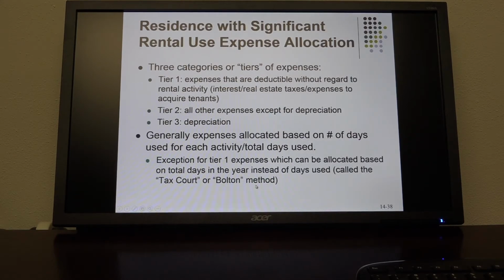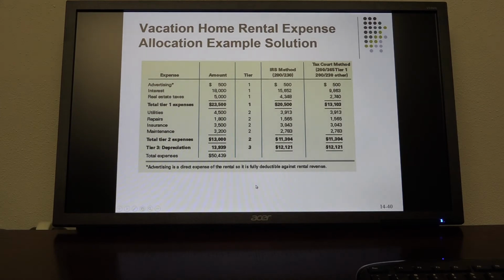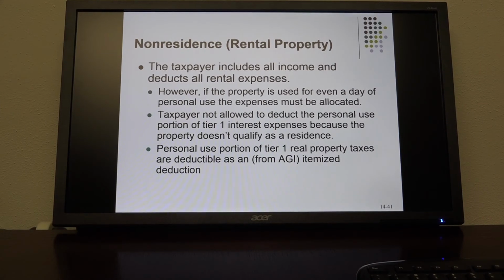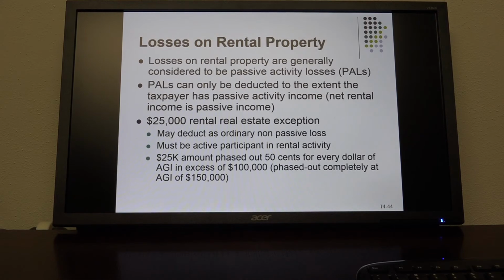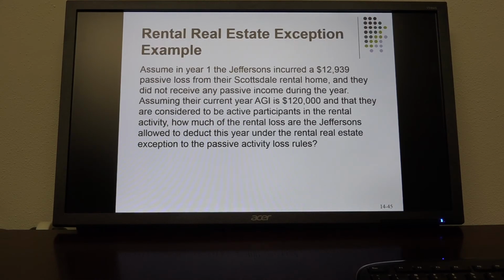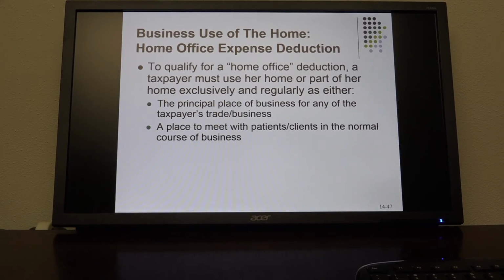So, I mean, we really don't have time to go into that. So, it's really not going to be something that you're going to be tested over. All right, so the next thing I want to talk about is business use of the home. Okay, and this is our last bit that we'll talk about.